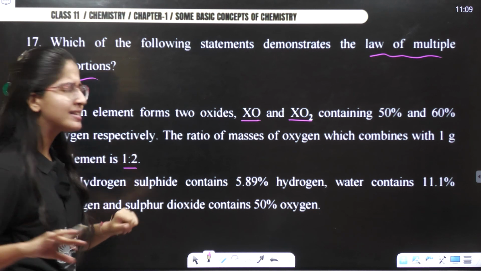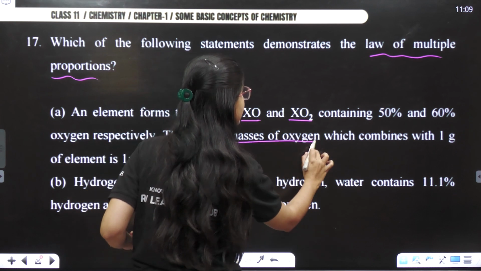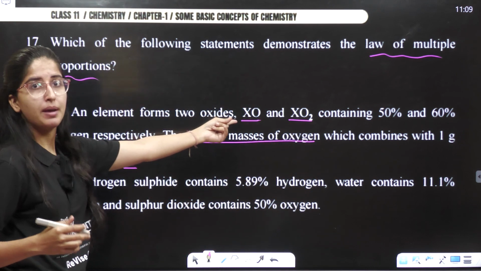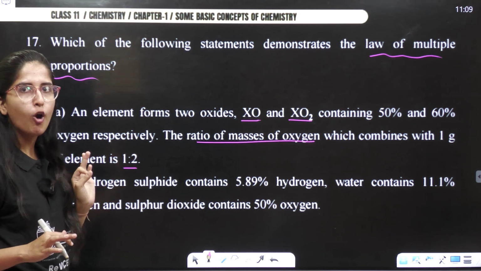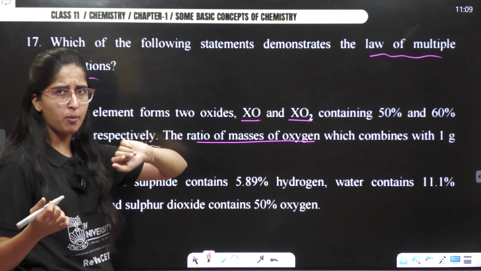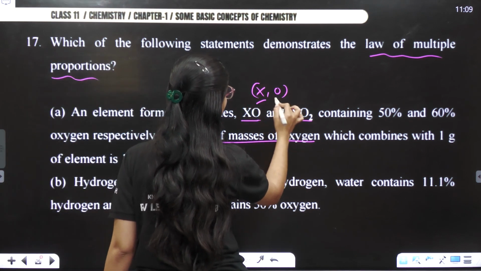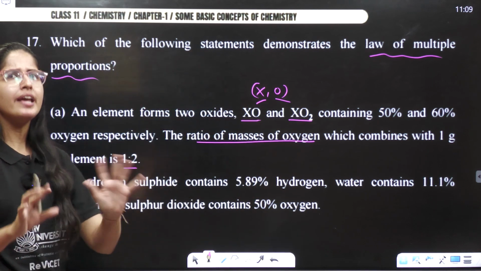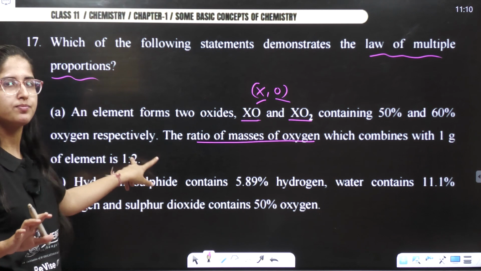So clearly you can see here, it is talking about the ratio of mass of oxygen by making the X element's mass constant, that is 1 gram. That is true according to the statement. And you are comparing two-element compounds. Here X and oxygen you are taking and you have made two different compounds. So it is correct for multiple proportion, but we have to check the values also.